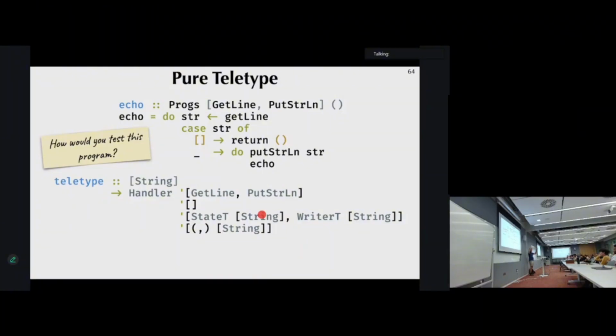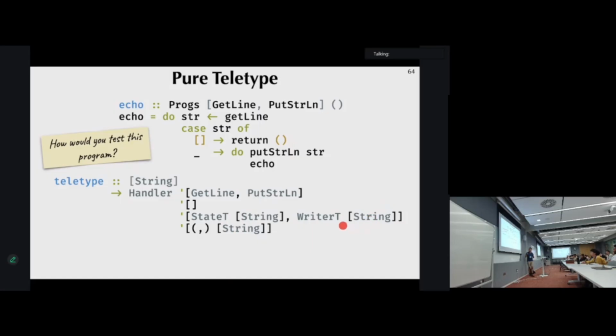So if you inspect that string, read some stuff, the input string has changed, it's now smaller. And this writer part here is the stuff that you've logged. So the putString stuff has been putting stuff out, it's been writing to some log of strings, and that's what this writer T environment tells you.